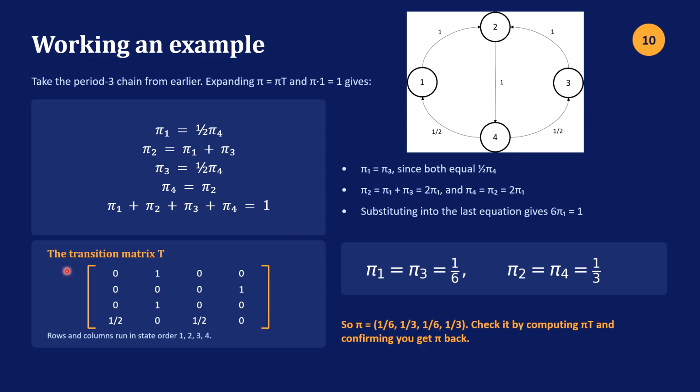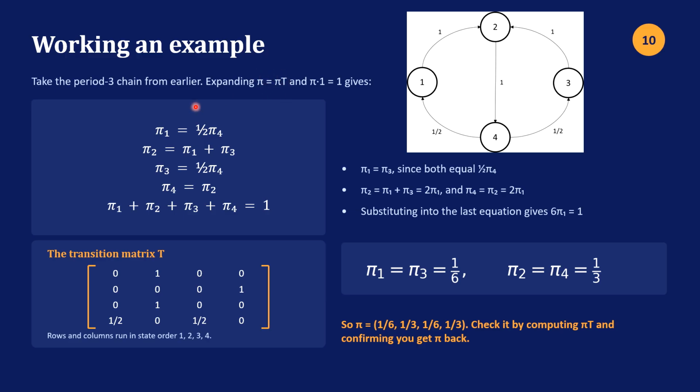You notice you can go from state 1 to state 2 with probability 1, from 2 to 4 with probability 1, from 3 to 2 with probability 1, and then state 4 could go to either 1 or 3 with probability 1/2. So this is our matrix T, and then pi equals pi times T, where pi is just a row vector with components pi sub 1, pi sub 2, pi sub 3, and pi sub 4.